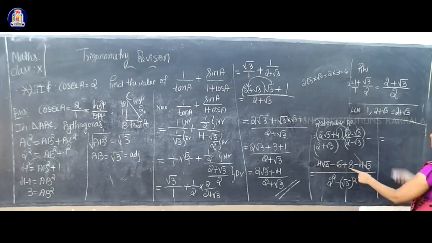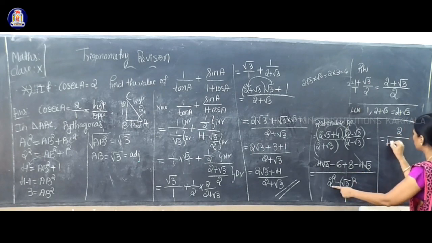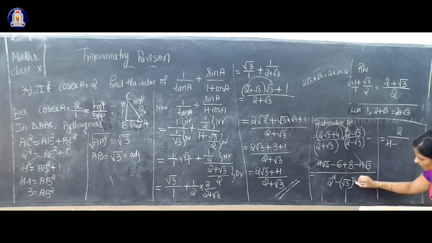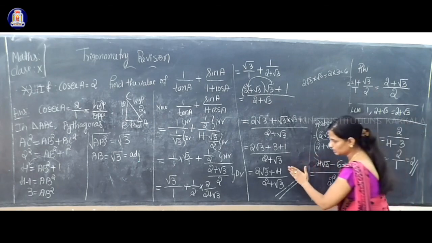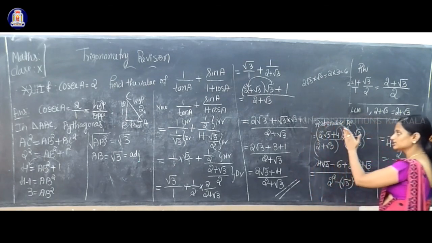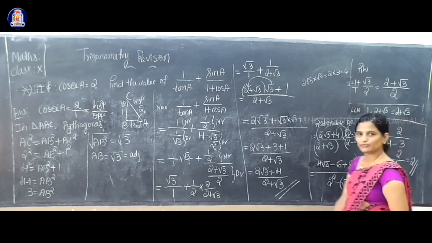Minus 6 plus 8 is 2, divided by 2 square, which is 4, minus the square root square, which is 3. So 2 divided by 4 minus 3, which is 1, so it is equal to 2. So what is your answer? The answer is 2. You can stop here. Otherwise, if you want to rationalize, you can write the final answer.